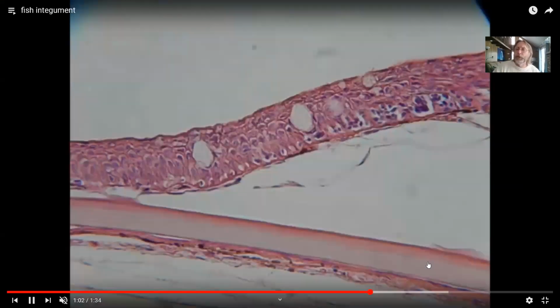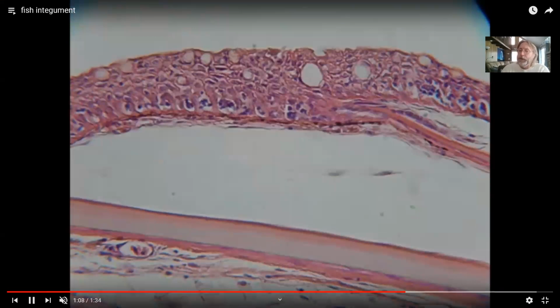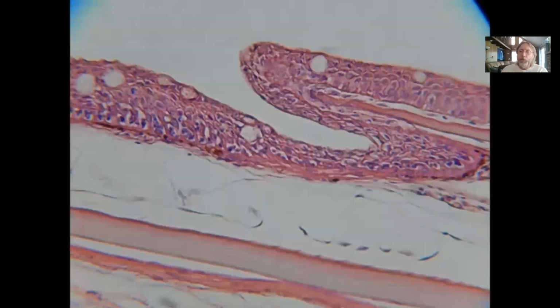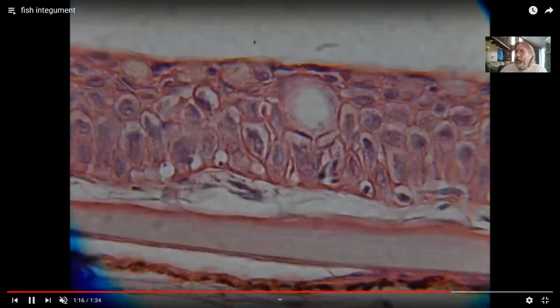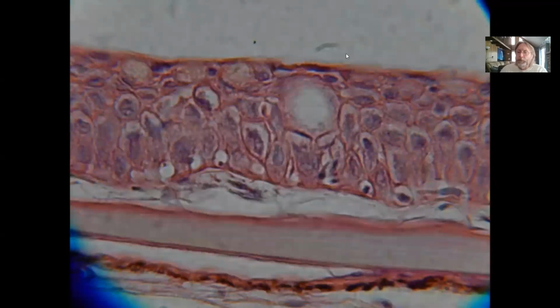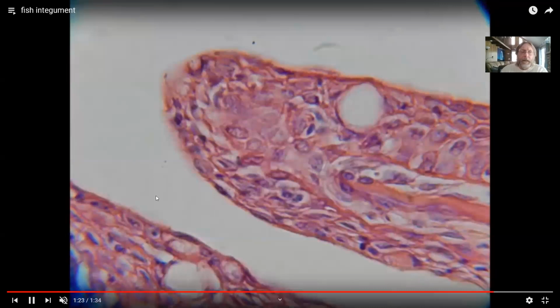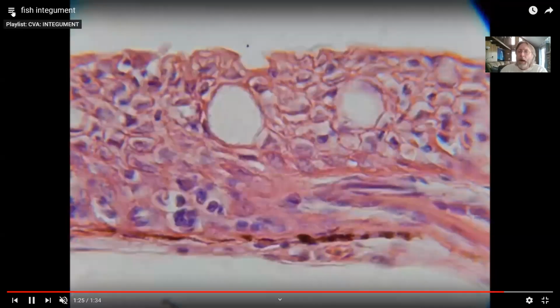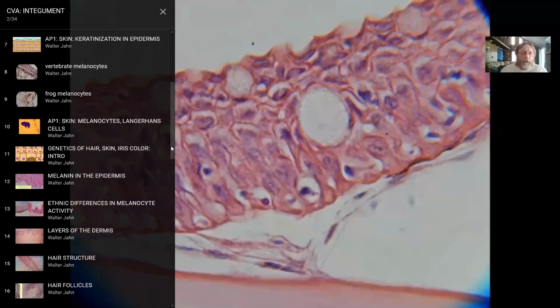So these could serve a couple of functions, certainly decreasing friction in the water, which would then make fish more efficient swimmers. But then also the potential of being antibacterial and antimicrobial and helping prevent infections. And so there are glands in the integument of fish, but they tend to be simple glands.